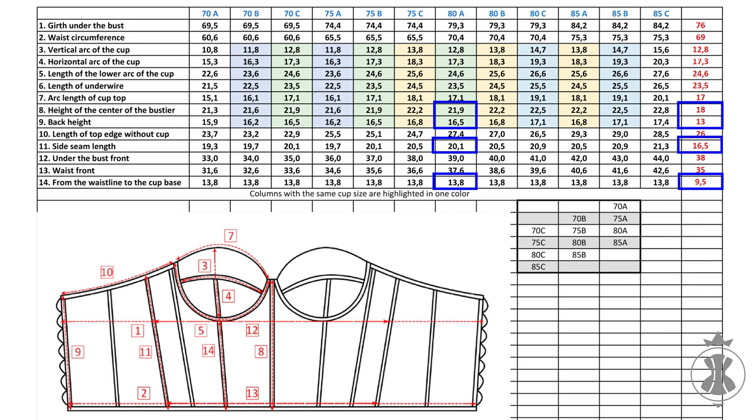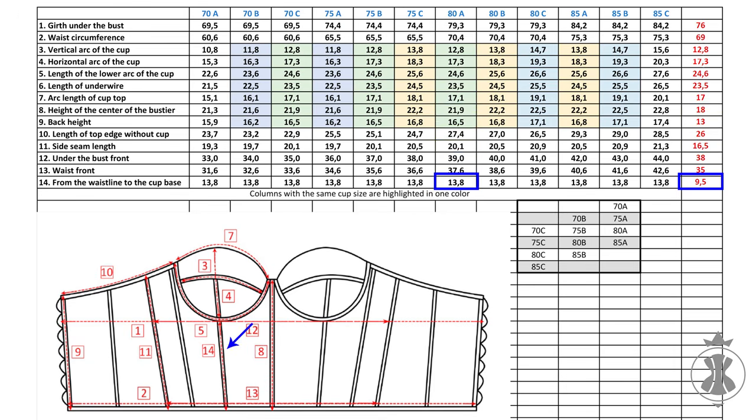When comparing the measurements of the pattern we have and the ones of the dress form, you can see the difference in heights. Corset center height, back height, length of the side seam, and the waistline to the bust line. All of these measurements are significantly smaller than the measurements of the original pattern.